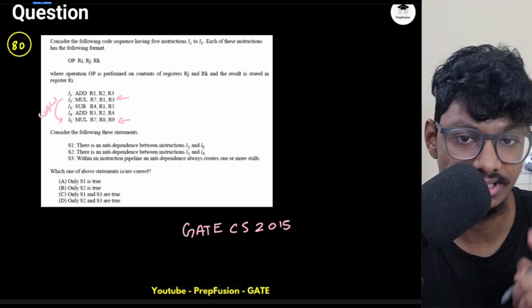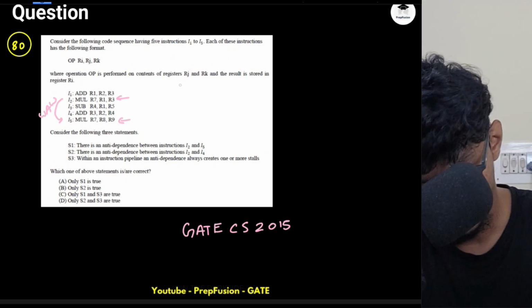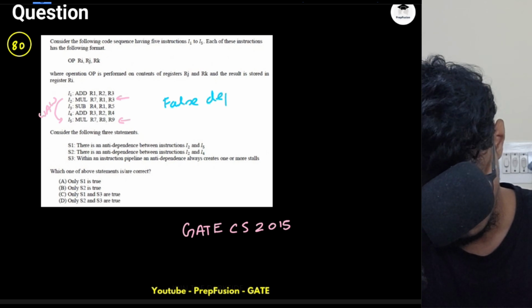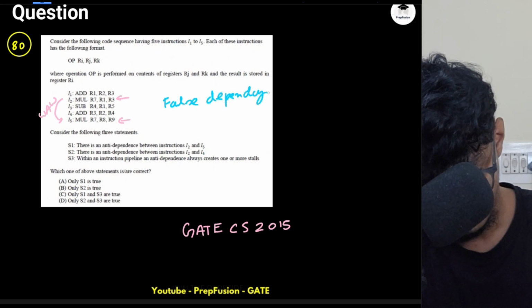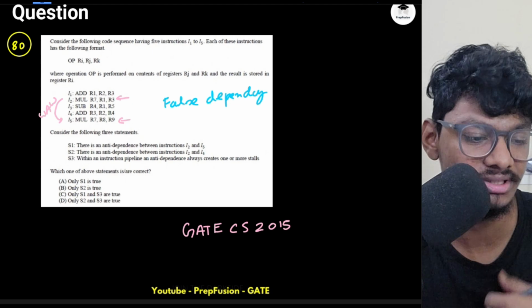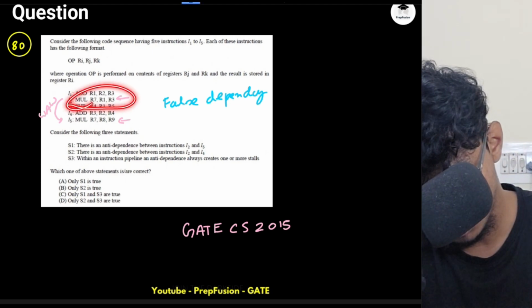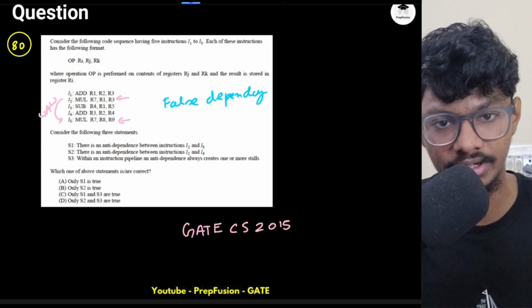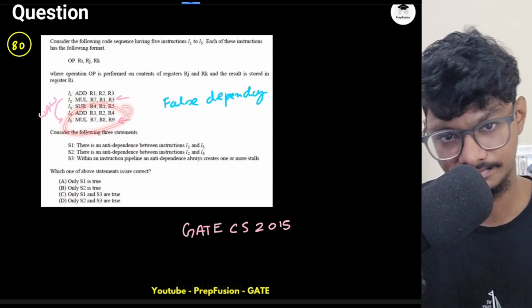Write after write dependency, if you remember, is called a false dependency, because actually there is no dependency. I have already written, then I am again writing, so it doesn't matter. I am not reading from it, so it doesn't matter. Only the final value matters.